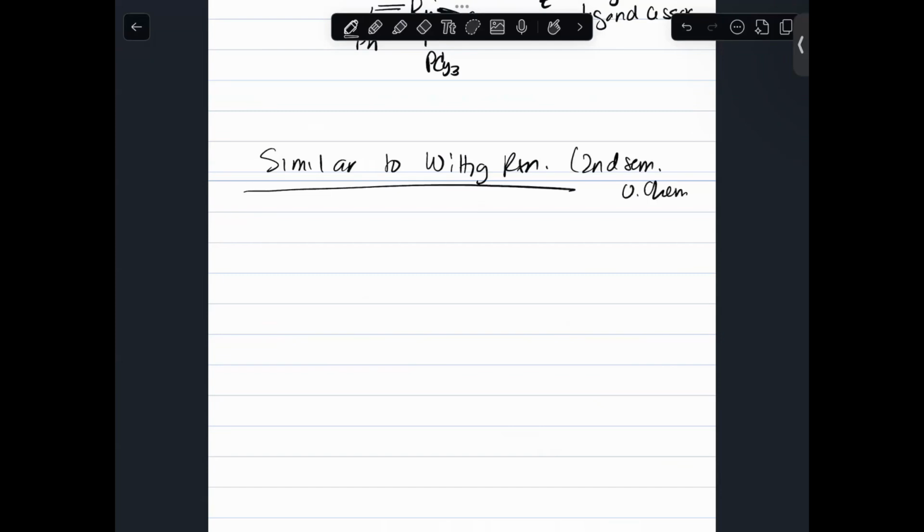We talked about the Wittig reaction when we were talking about alpha alkylation and total syntheses of a lot of these molecules, right? And I told you, hey, for a Wittig, you need a phosphorus ylide.